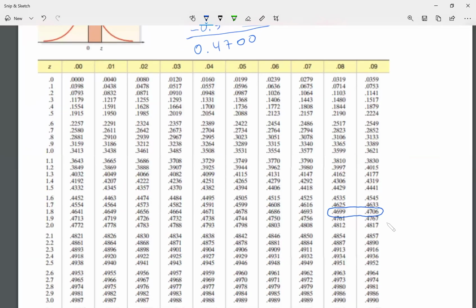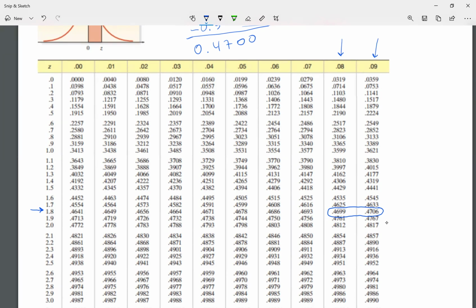All right, so if I choose 1.88 for my C-score, you guys see where I get the 1.8, and then you guys see where I get my last decimal number. If I choose 1.88, it's a little bit too small. It's a little less than what I want. But if I choose 1.89, it's a little more than what I want.